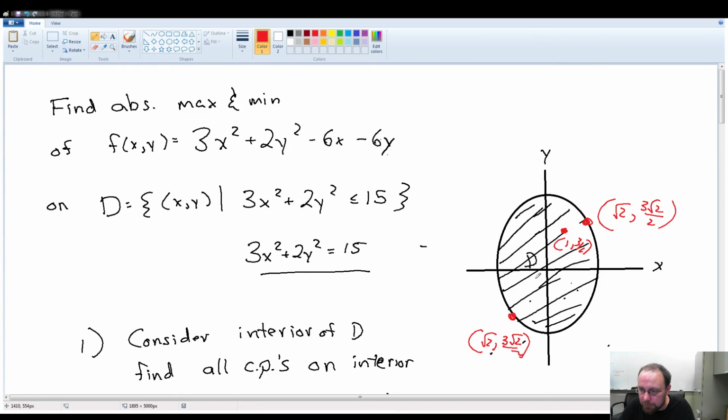Alright, but anyway, you would have these 3 critical points, and you simply evaluate your function there, right? And then the maximum value is the absolute max your function attains, and the minimum value is the absolute min.